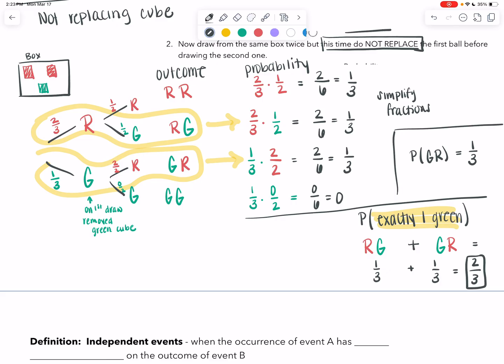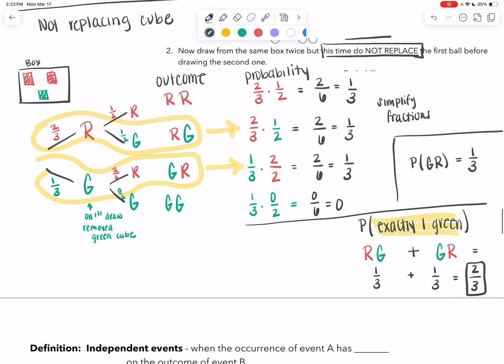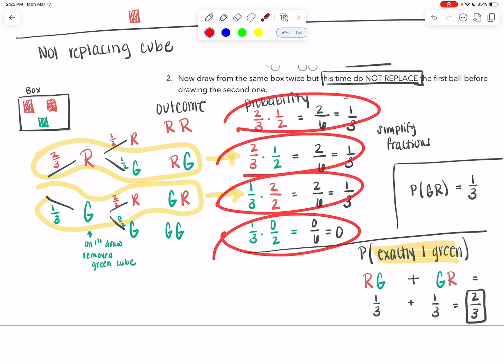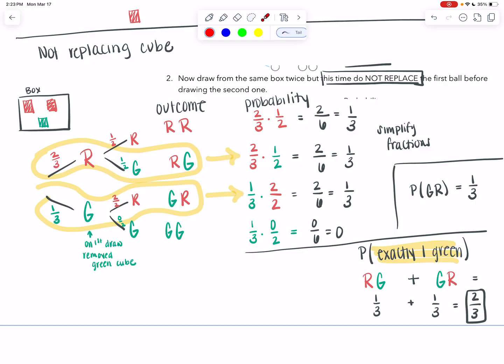So there's several practice types of problems we'll do later in the notes and then in your homework, but I wanted you to at least see how we go about making the tree diagram, how we can use the probabilities on the tree diagram to find each individual probability. Now, you won't have to write all of these out necessarily. This is just to show you how you find all of those probabilities.